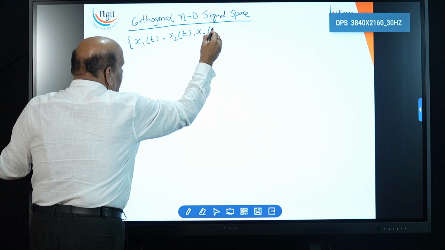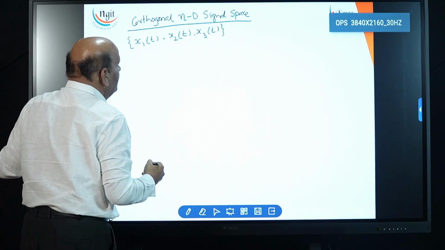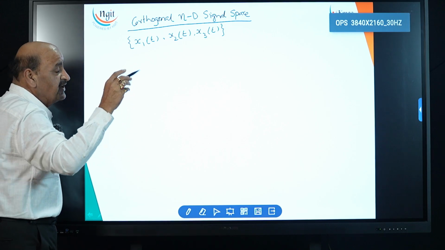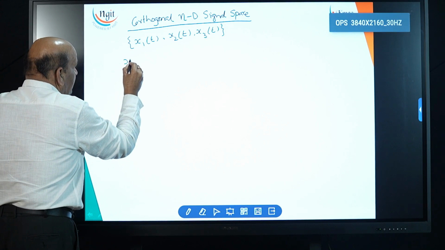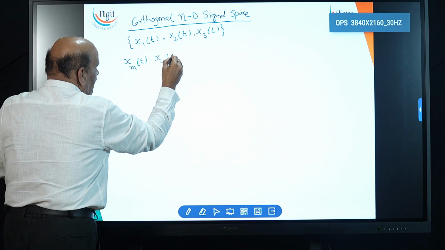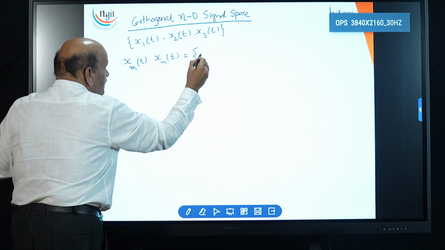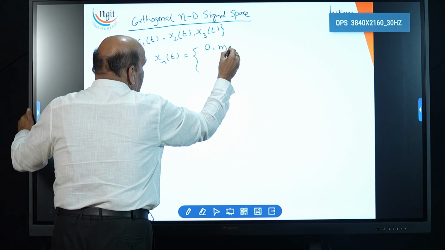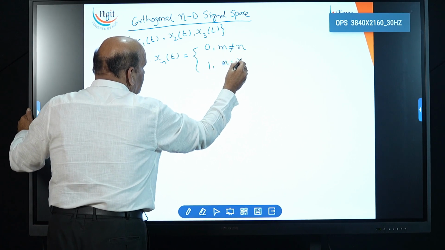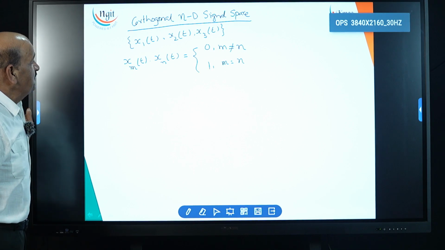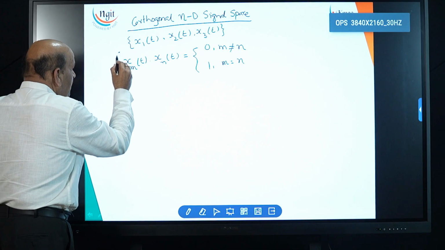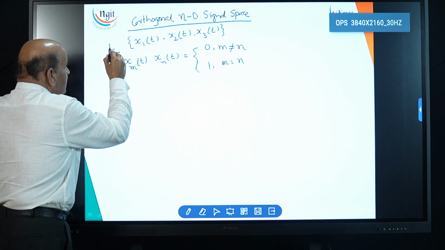These three are called an orthogonal set when, for any two signals xm of t and xn of t, the integral is equal to 0 when m is not equal to n, and equal to 1 when m equals n. This is the orthogonality principle. But because of the continuous signal, here we are going for the time interval t1, t2.